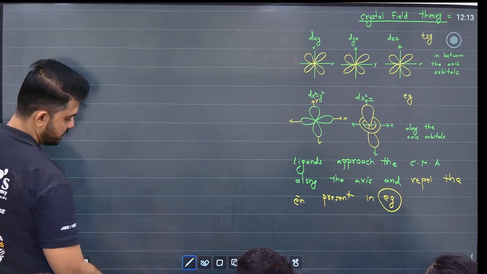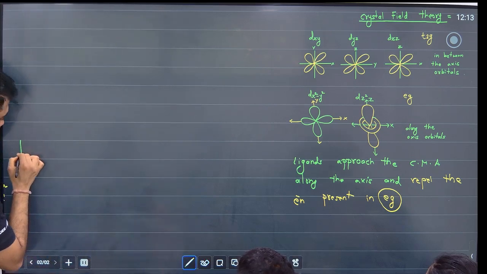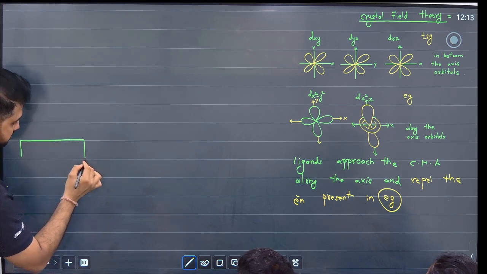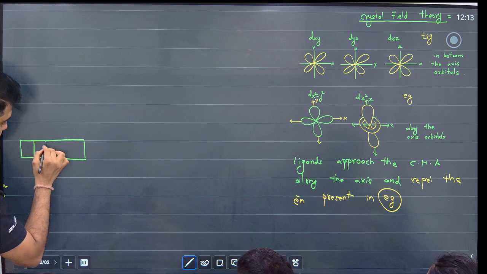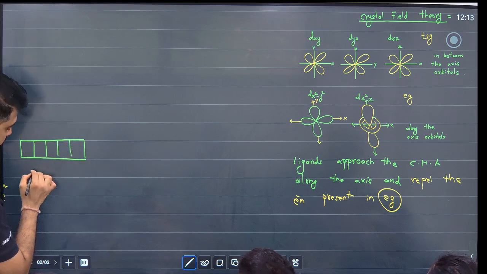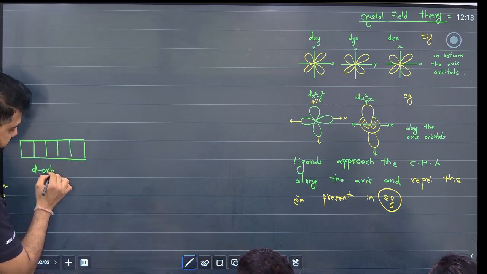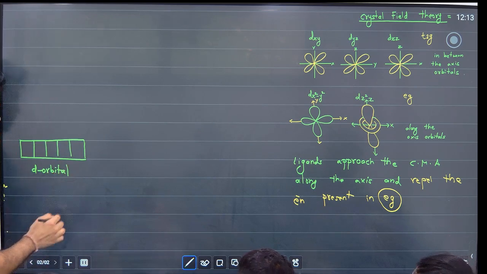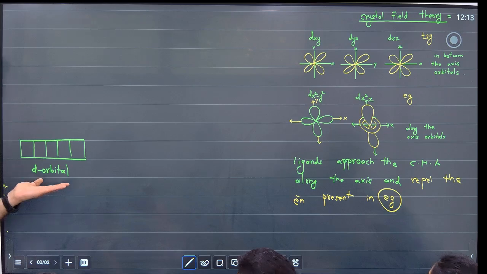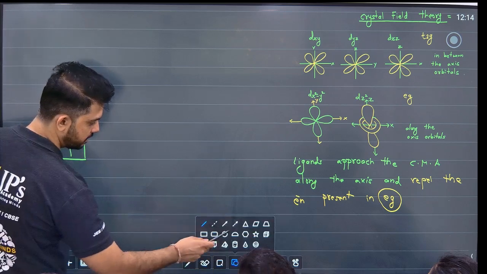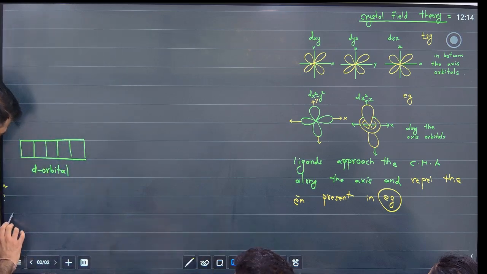So what's happening is the d orbital, this is a d orbital, loses its degeneracy. Anyone remembers what was the meaning of degeneracy? We did it in atomic structure.